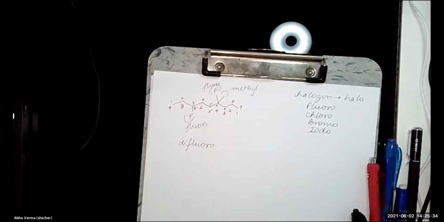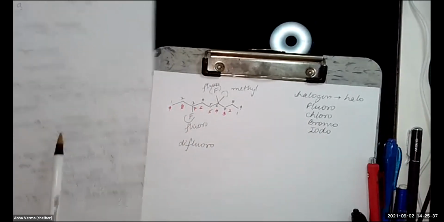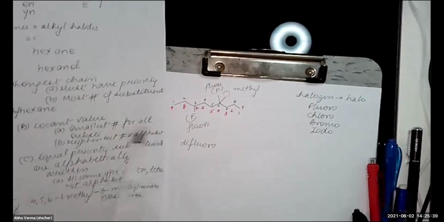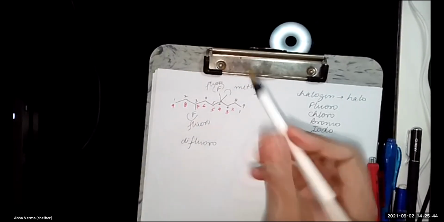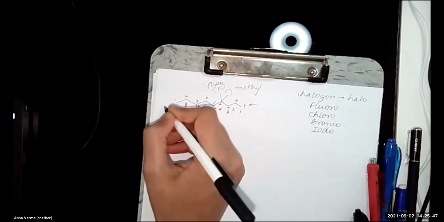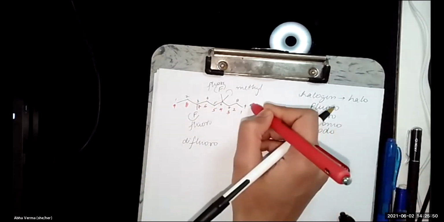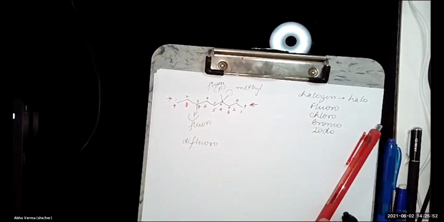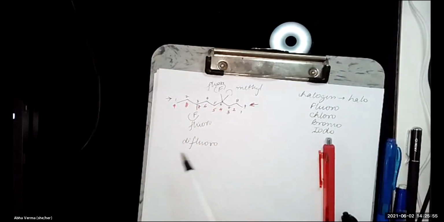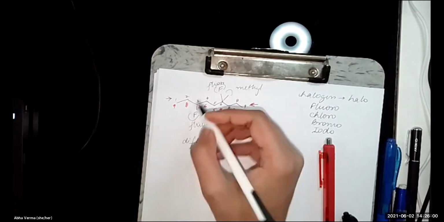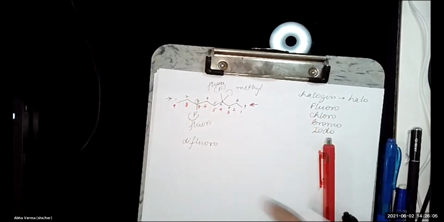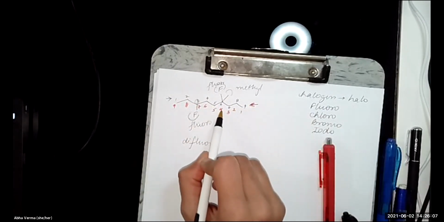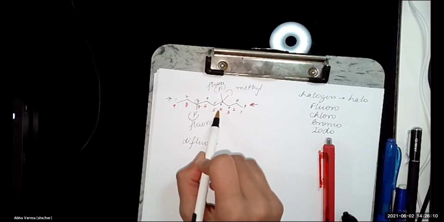Now looking at this, my locant value must be the smallest number for all the substituents. Where do you think I'm going to get it from? From the left-hand side or from the right-hand side? From the red or the black? From the black. Because if you look, my first substituent is on the 3rd location if I look from the black, and my first substituent will be on the 4th locant if I look from the red.